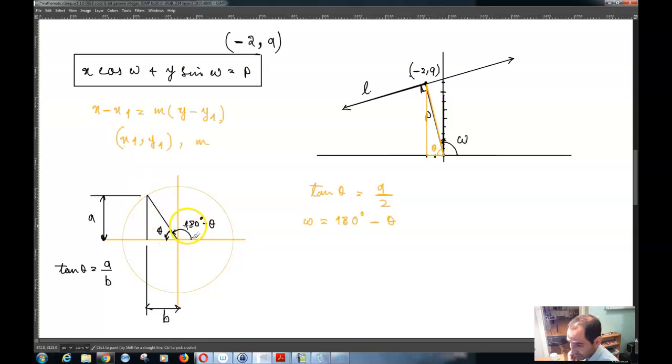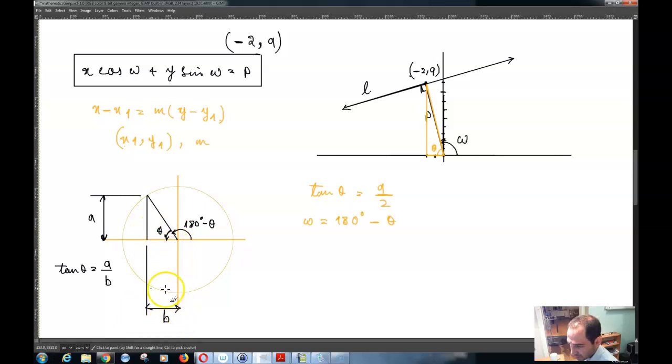In the case of this angle, the sine of the angle has the same value, but the cos of the angle has a negative value.